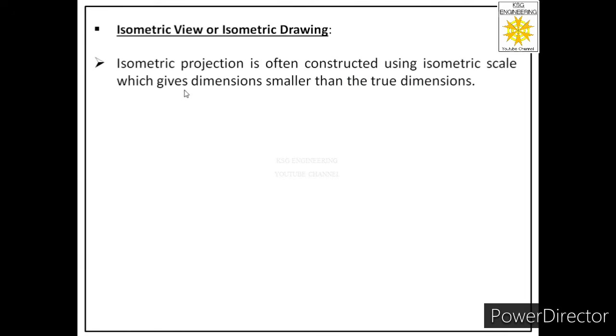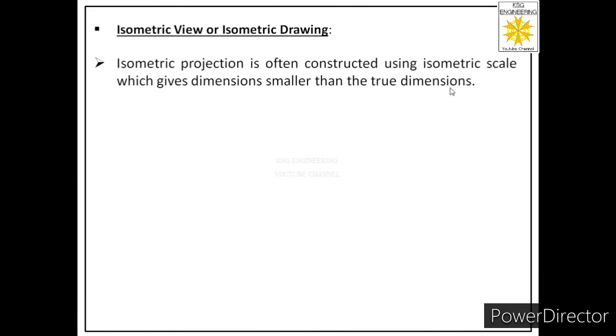Now we will learn about another important topic, that is isometric view or isometric drawing. These two terms are the same, isometric view, isometric drawing. So let us understand what are isometric views or isometric drawings. Isometric projection is often constructed using isometric scale, which gives dimensions smaller than the true dimensions.